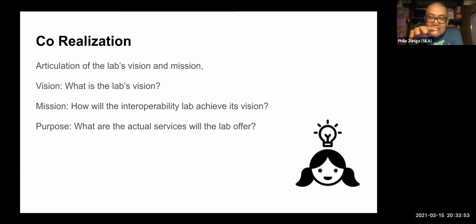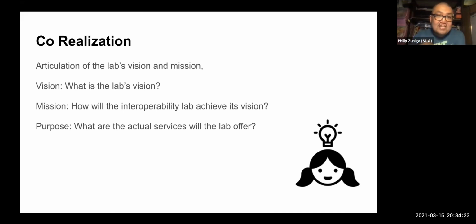So the various stakeholders should decide what will be the role of that lab 5 years from now? Because from that vision, we can now identify the mission. So how will the interoperability lab achieve its vision? So from having a vision, we will now have the mission. So we will now list down activities. We will now think how the lab will achieve the vision.